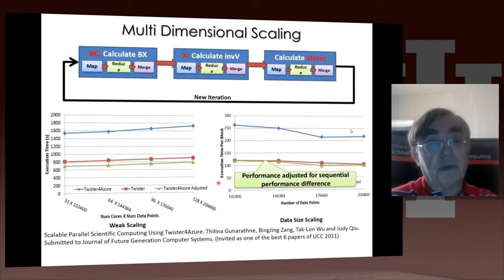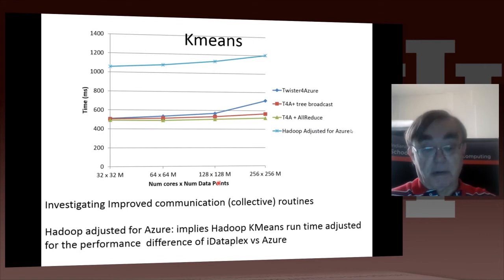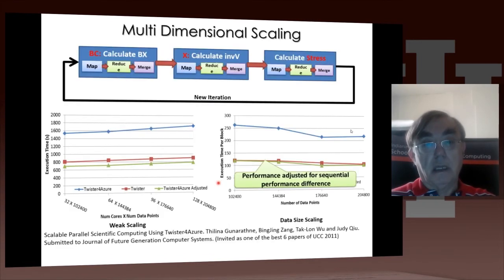Now we come to another example of data analytics. I've mentioned this data analytics, although currently we don't have a lesson group on it. Multidimensional scaling is a technology used to do dimension reduction, and it ends up being dominated by matrix or matrix-vector multiplication.